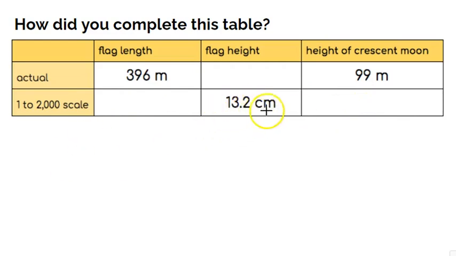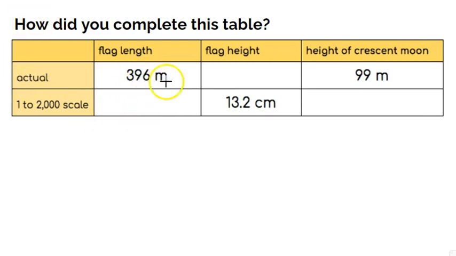Yeah, that whatever units it says here is the units that they're using with the 2,000. So if this is 1 centimeter, then this has to be 2,000 centimeters. So how do we go to fill in these parts? What do we have to do to go from the flag's length to what it is on the scale?